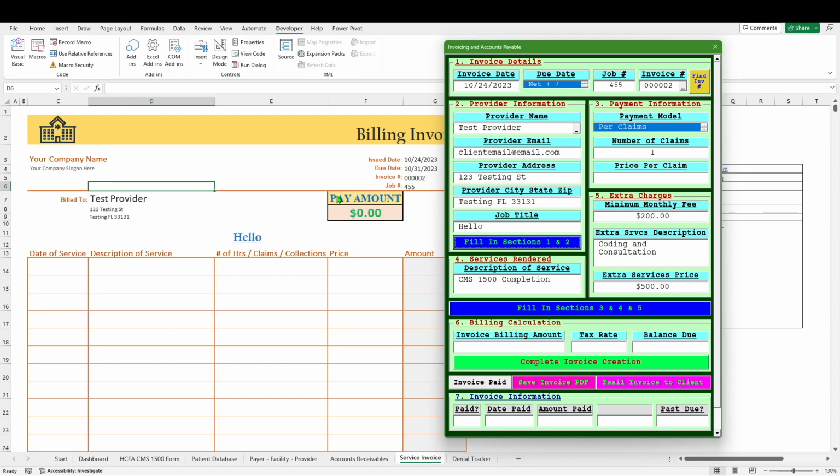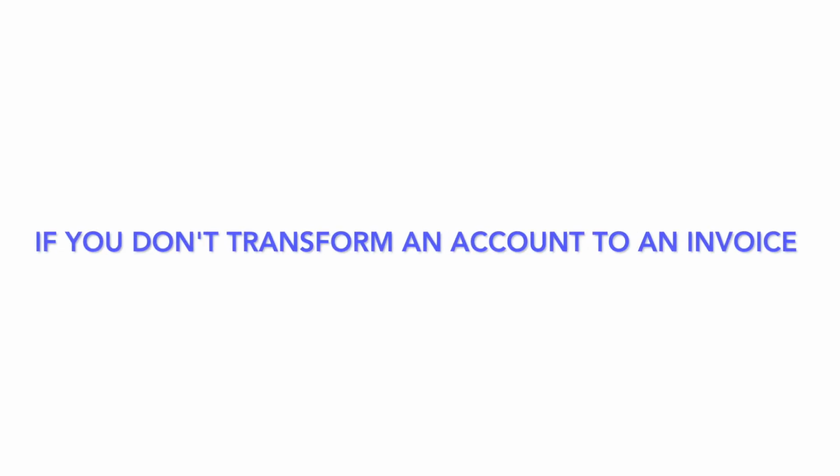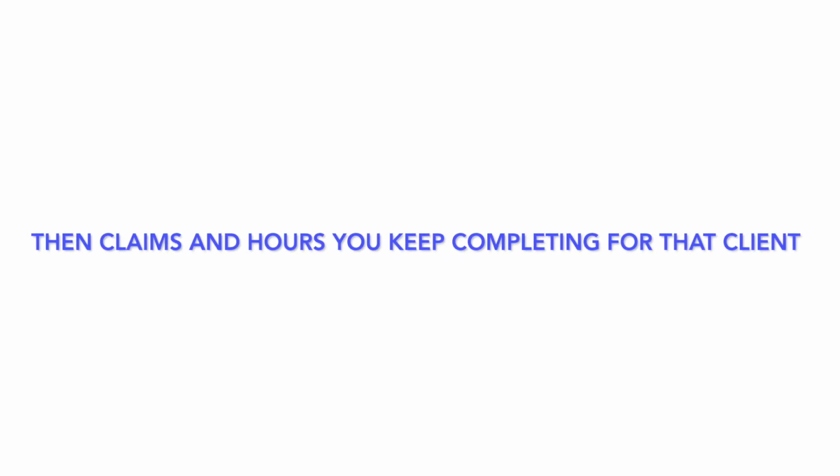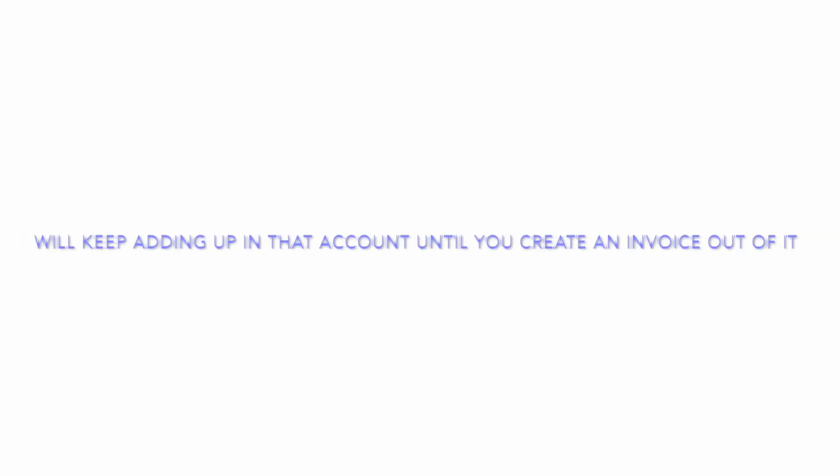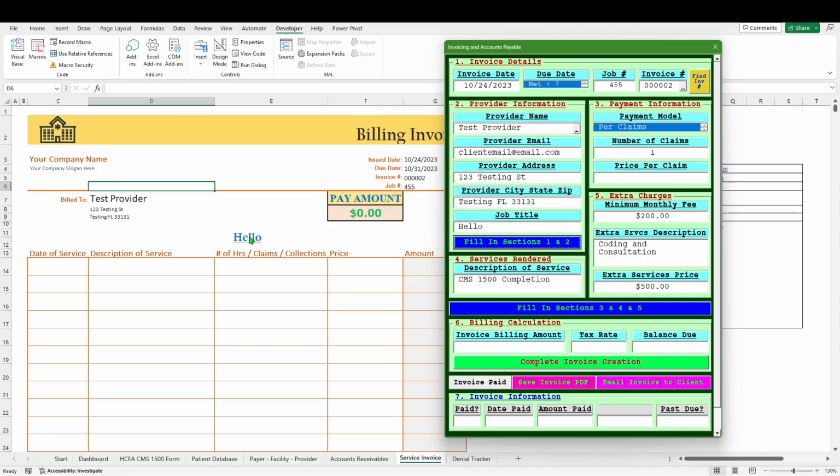We got the invoice number and the job number, and the job title is right here. What we have left is to fill in sections 3 and 4 and 5.